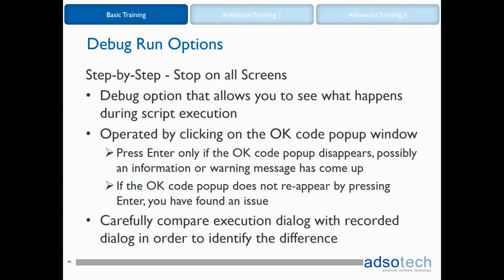The recorded dialog and the execution dialog need to match exactly, otherwise Winshuttle doesn't know what to do. So based on that, we can try to figure out what might be causing the issue, what might be the difference between the two, and then we might come up with a solution how to fix it.